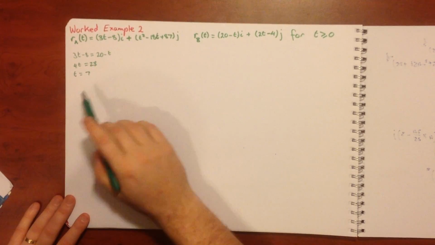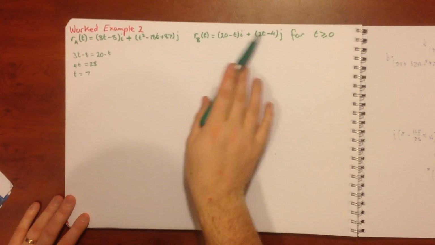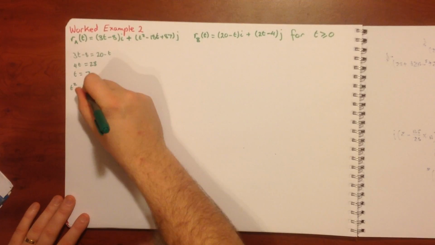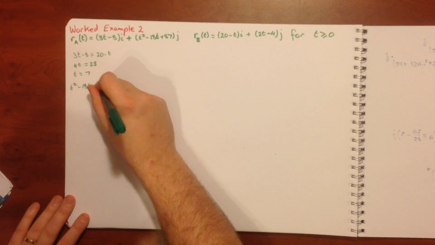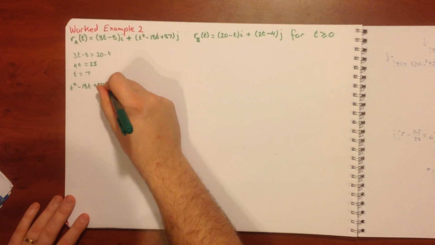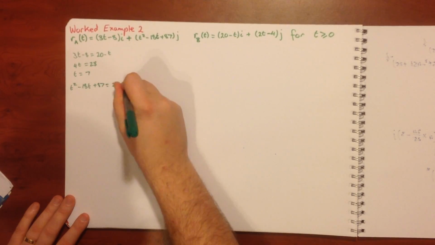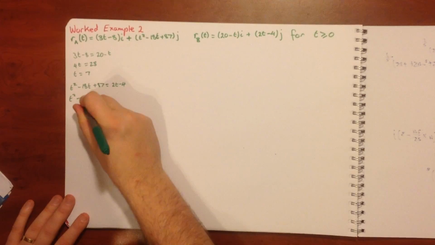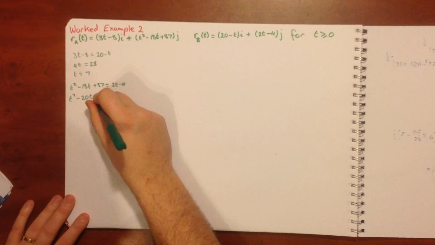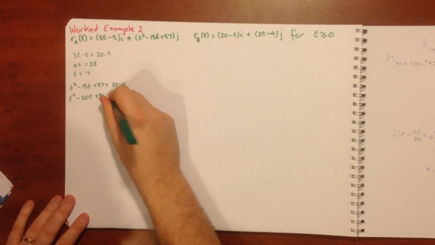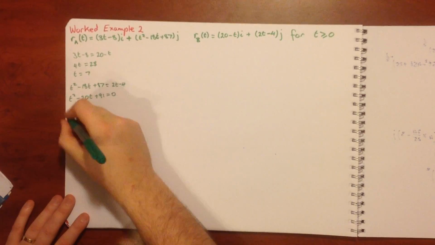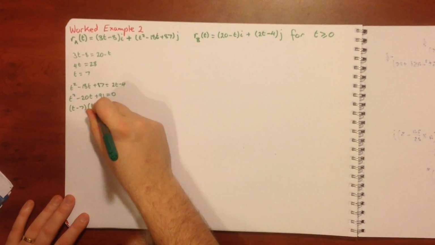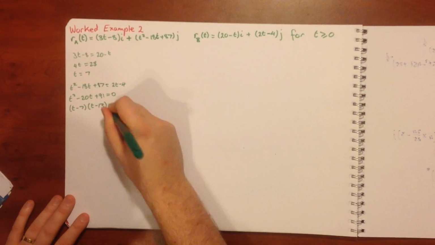Okay, so then what we need to do is make these equal to each other as well. Well, t squared minus 18t plus 87 is equal to 2t minus 4. Okay, so we can rearrange that and get t squared minus 20t plus 91 equals 0. And we can in fact factorise that and make it t minus 7, t minus 13 equals 0.